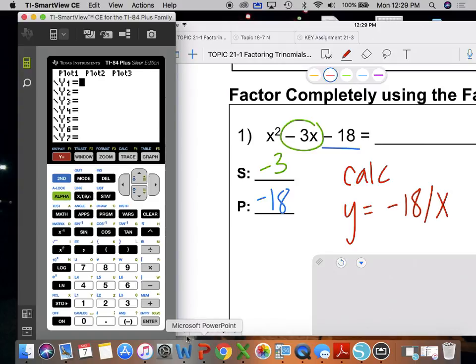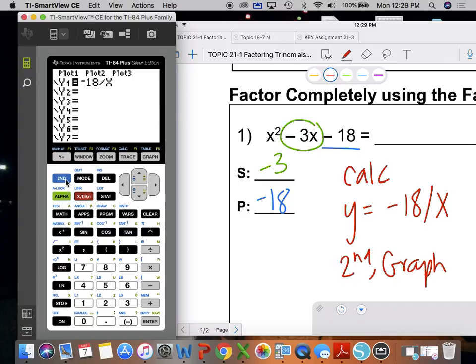So you should have a calculator and be typing in -18 divided by x. The sign does matter.